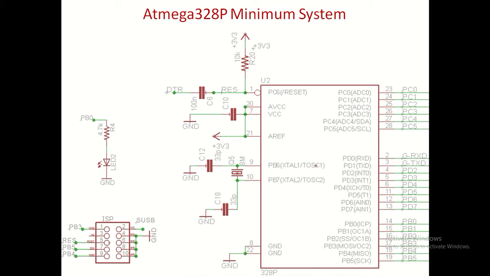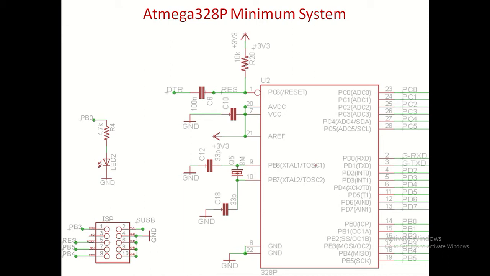Okay, finally there is a reset pin on pin number 1 of the controller. It is pulled up to VCC by a resistor, but this pin is also connected to the DTR, a signal coming from a USB to UART converter. Data terminal ready is one of the pins coming from the USB to UART converter.